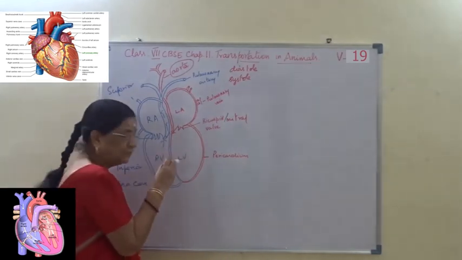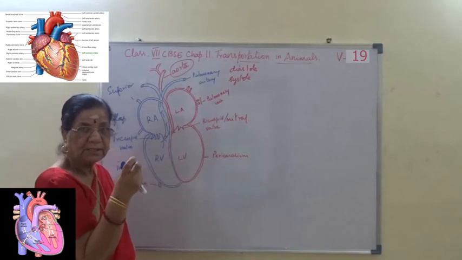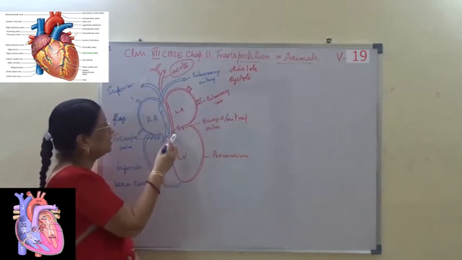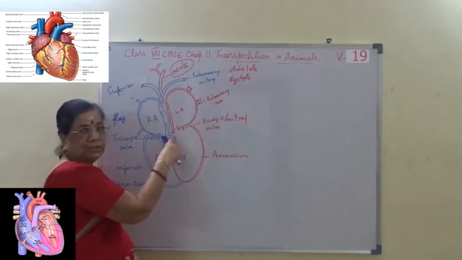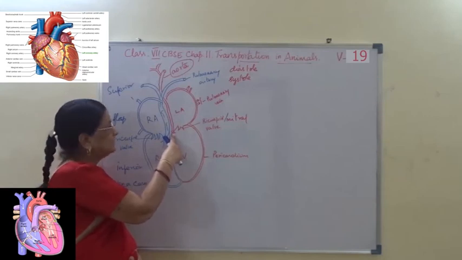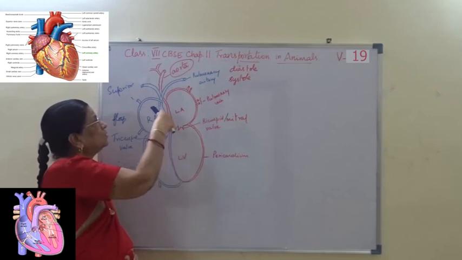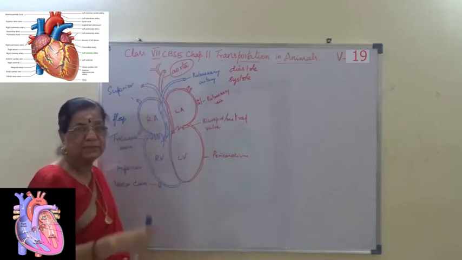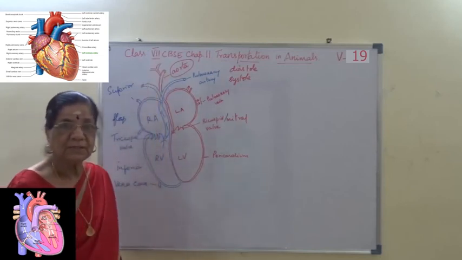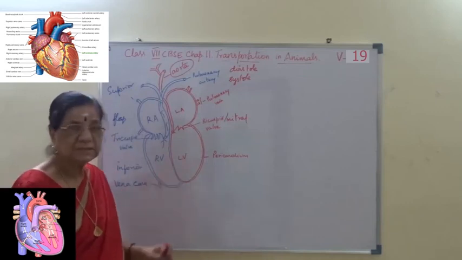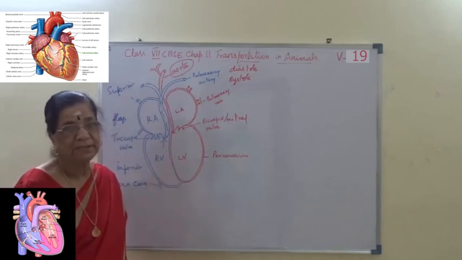Same way, when the left ventricle contracts, through the semilunar valve it reaches the aorta, and then it is supplying to various parts of the body. So here there is no mixing of blood.